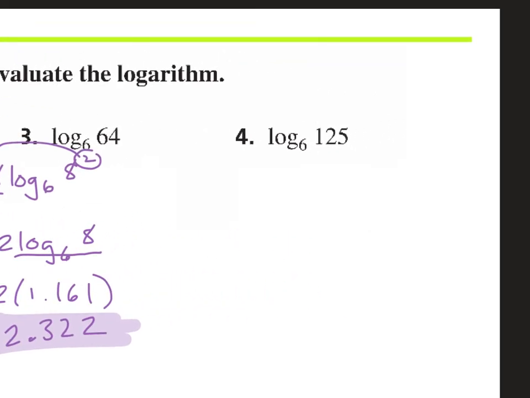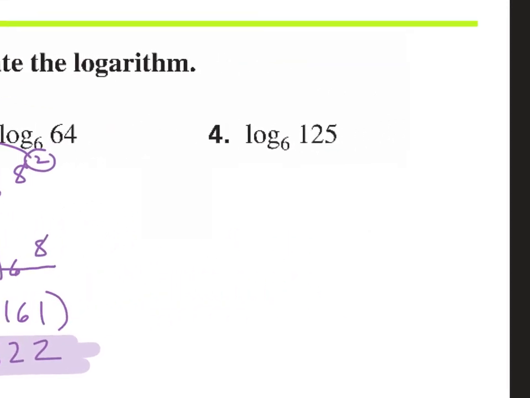And then number 4. How can we make 125 look like a 5 or an 8, or both? Awesome, so 5 cubed. So log base 6 of 5 cubed. What do we do with the exponent?